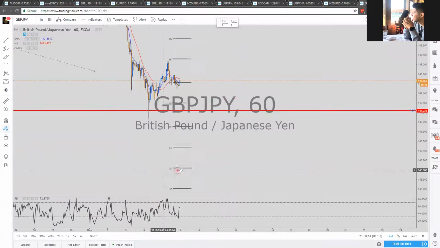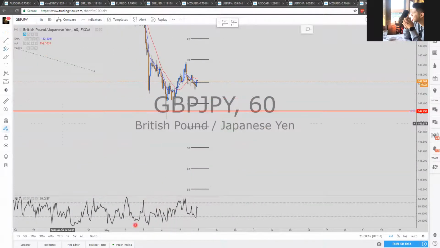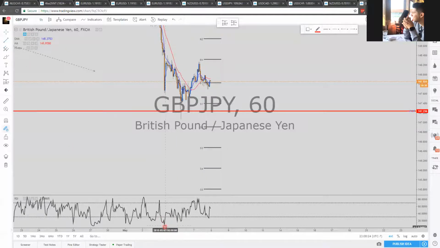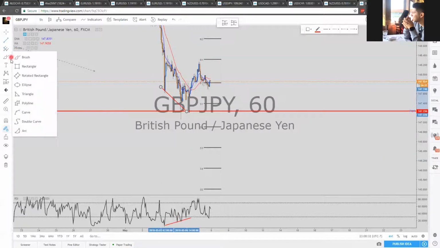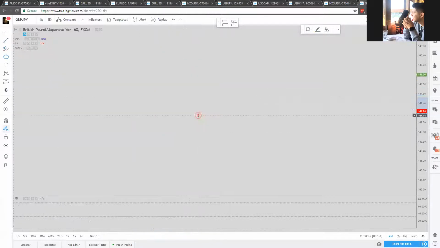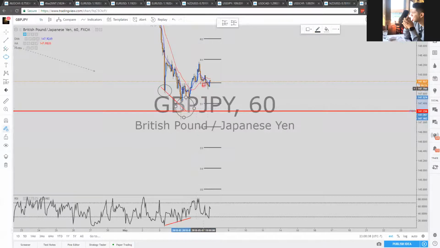We can also see that strong divergence that happened over here, which is why price did already start rising up. See, price was showing this divergence. Price did go up, came back down. So we do see this inverted head and shoulder happening. Left head, and then this right shoulder area.